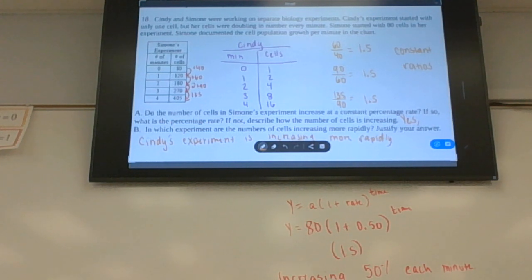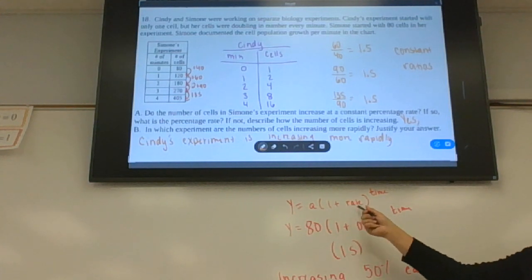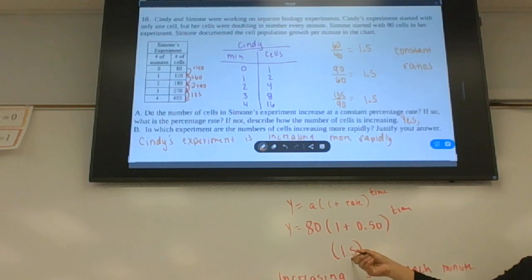Yeah, 50% more. Cindy's would have a 1 plus 100% here at 2. 50% more. Cindy's experiment is increasing more rapidly because her cells are doubling.